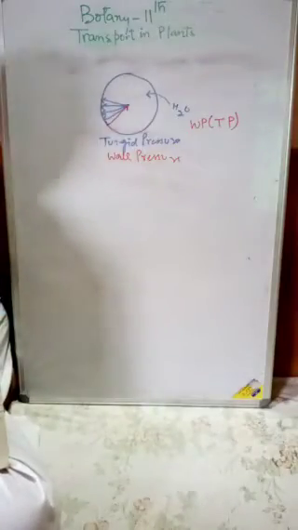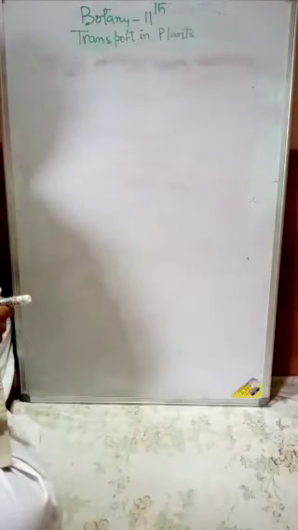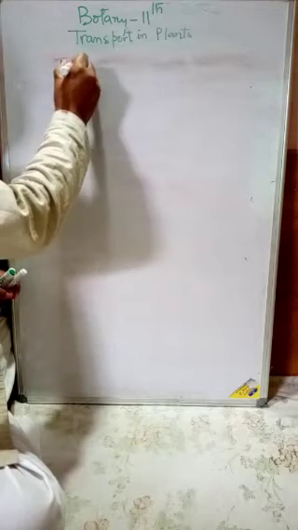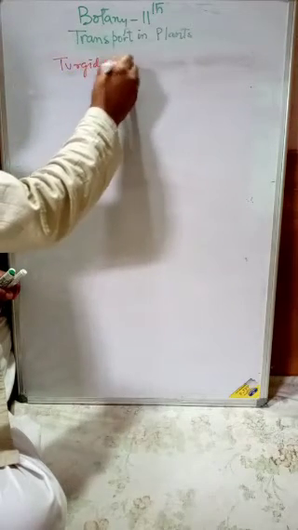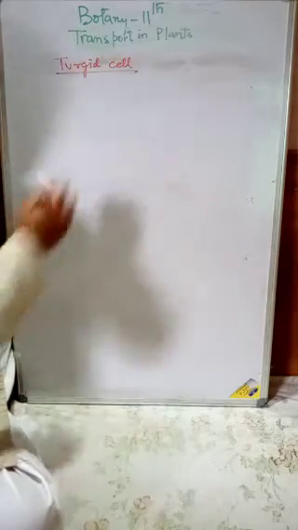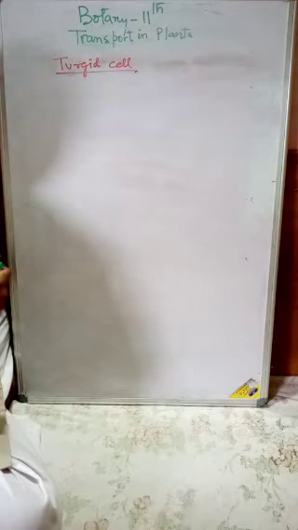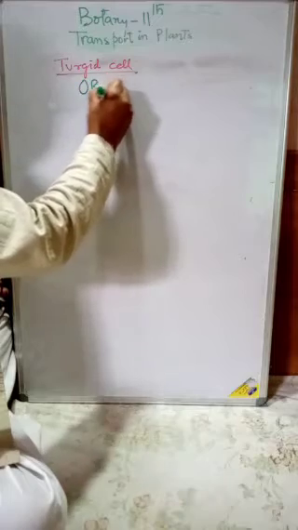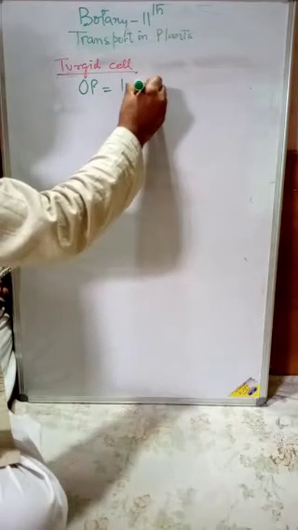Now we have some situations where we can calculate this diffusion pressure deficit. For example, in case of the turgid cell, we have the osmotic pressure, it is 10 atmospheres.